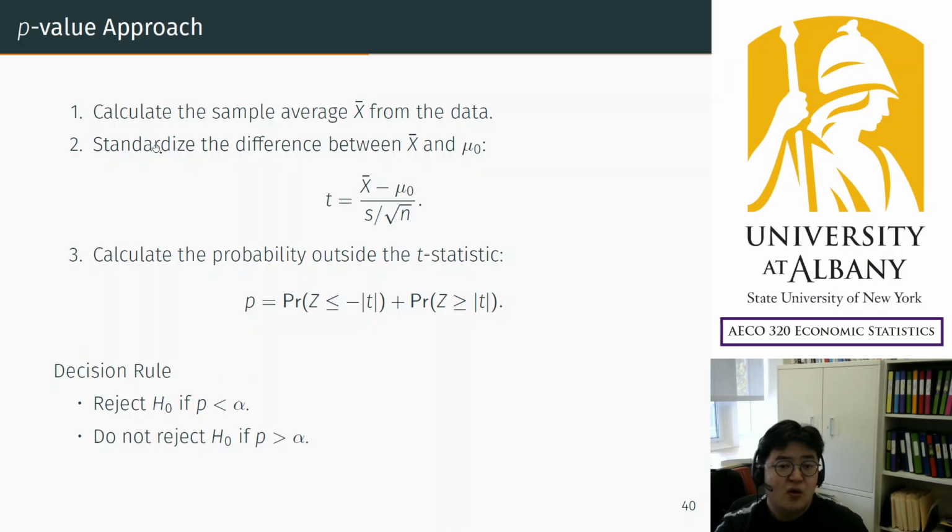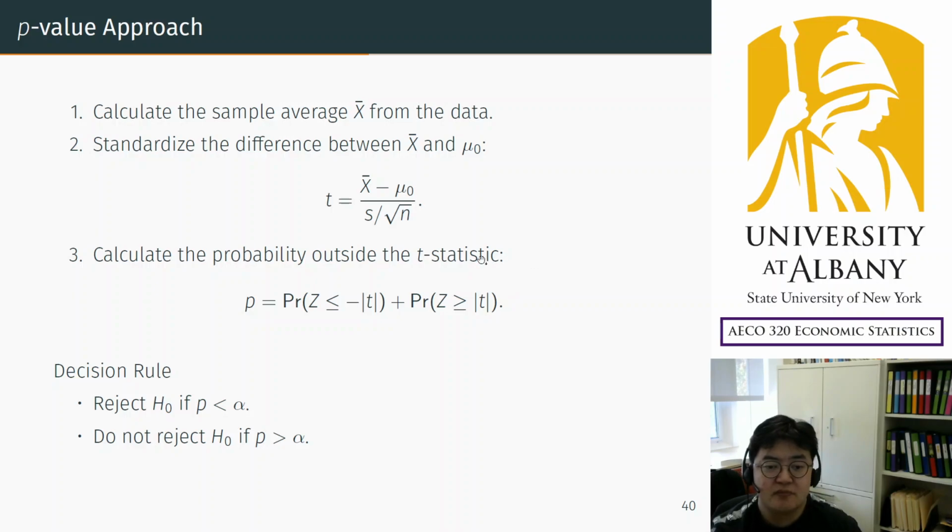Second, standardize the difference between the sample average and your belief with the standard deviation. Based on the t-stat, you calculate the outside probability on both tails. This is the p-value: the probability of being smaller than minus t or greater than plus t.